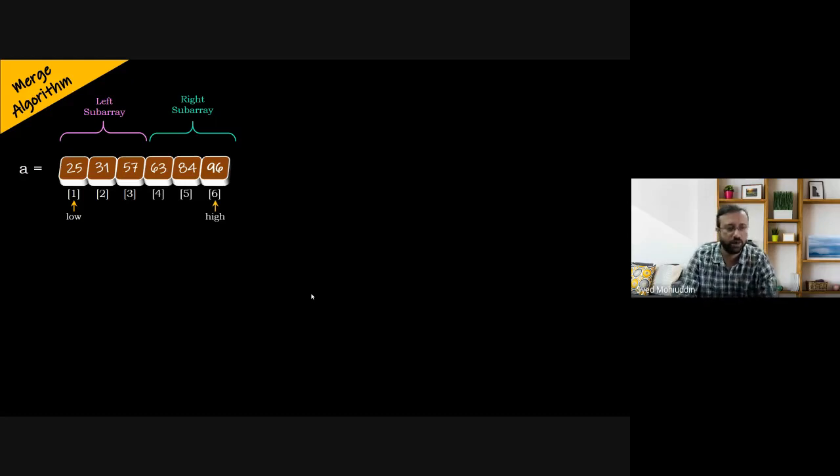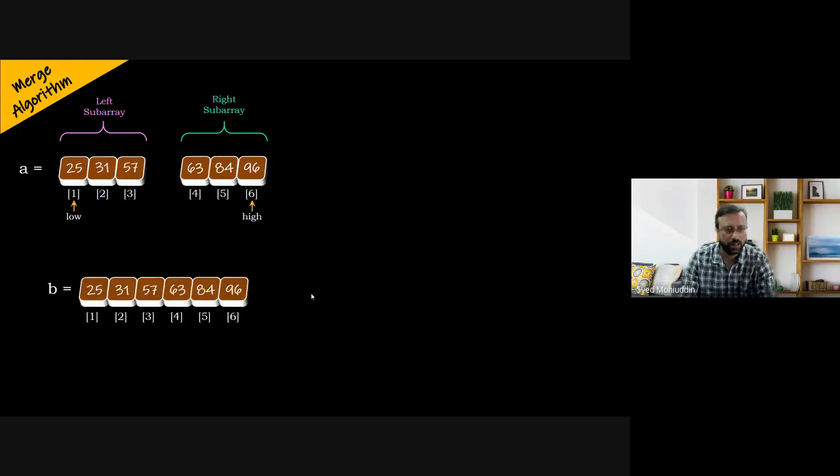Now, just before we look at the merge sort part, let me clarify one more point here. That is the array B. What should be the size of array B? The size of array B should be equal to the size of the left subarray as well as the right subarray.